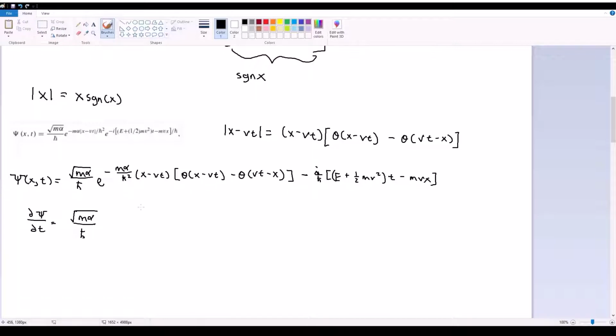So this is going to be the exponential of everything I've written so far. Minus I over h bar, e plus 1/2 mv squared times t minus mvx.